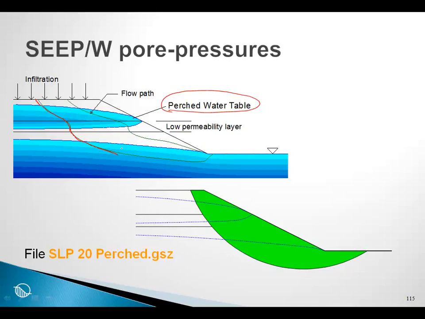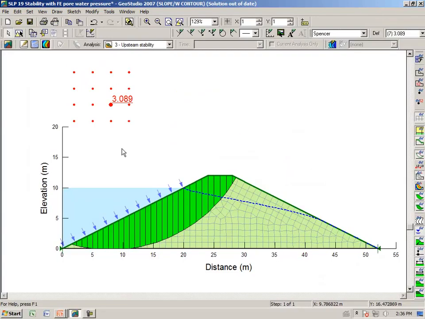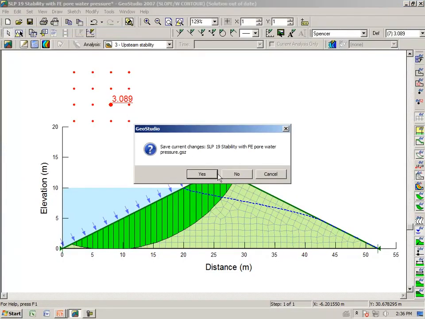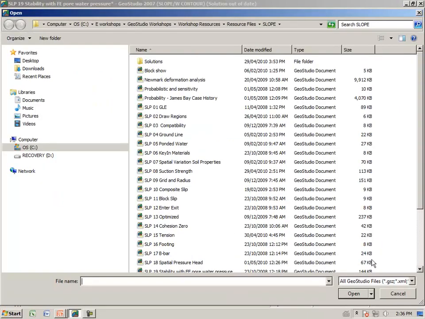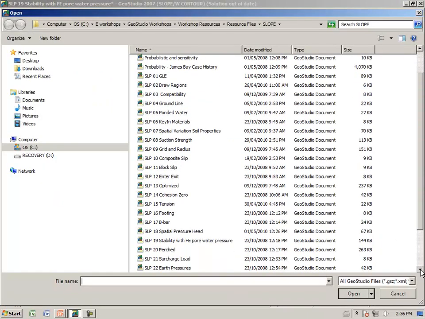In a case like this, it is impossible to describe the pore water pressure conditions with a piezometric line, and this is where the use of SEEP/W computed pore pressures in SLOPE/W really begins to shine. Let's look at this in a little bit more detail by opening up SLP 20.